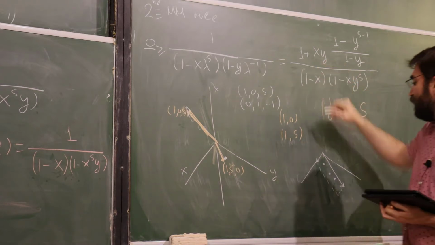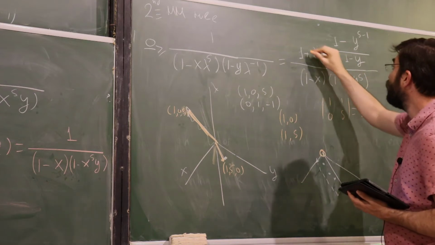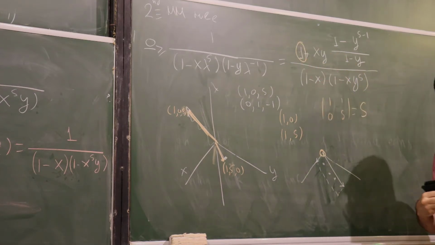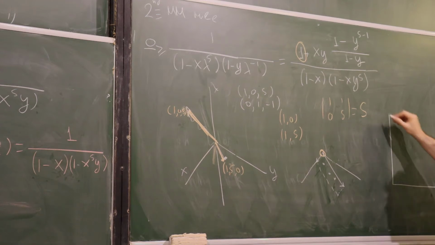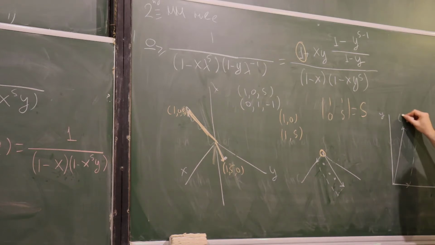So we have the origin, which is here, right? Maybe I could do it easier. And (1, s), right? So this is what we have. This is (1, s), and this is (1, 0).